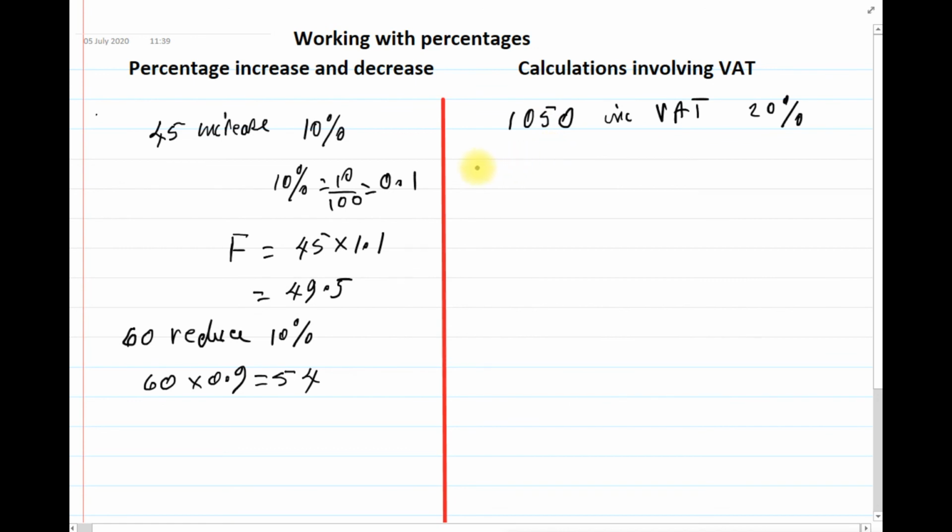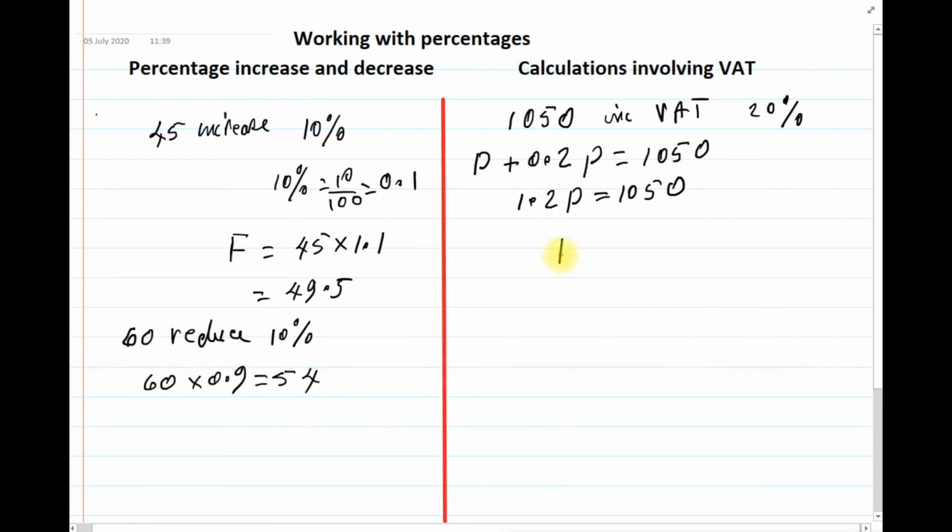Again, we assume P is the price without VAT. We add to this 0.2P, and once we've added that to it, we've arrived at £1,050. So I have here 1.2P is equal to £1,050.